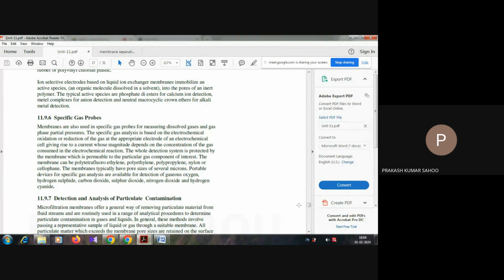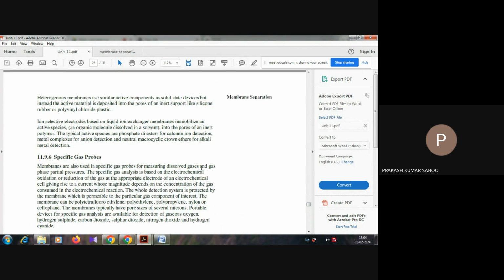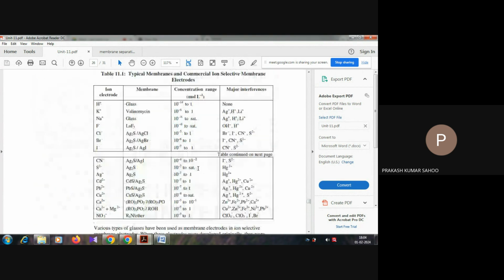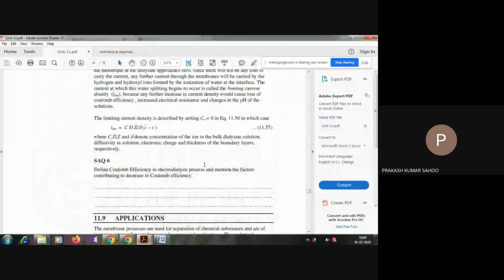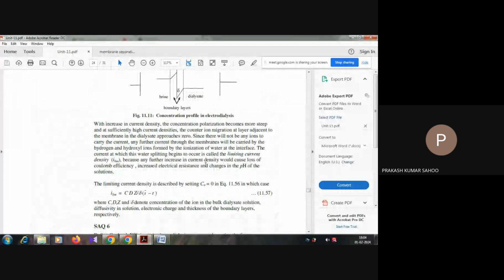Try to make some notes. You should prepare yourself, as these mathematical derivations may be required from an examination point of view. So try to remember or practice these equations.